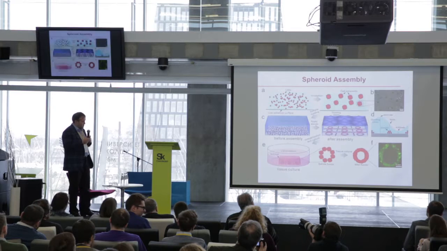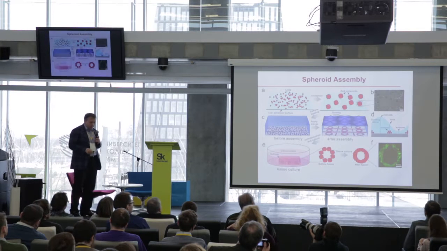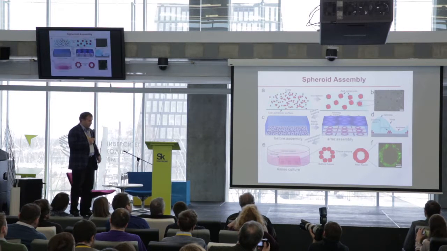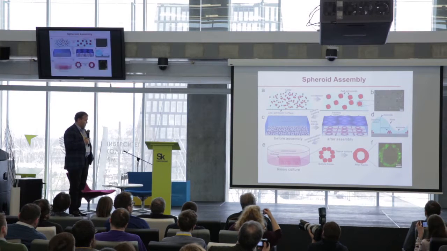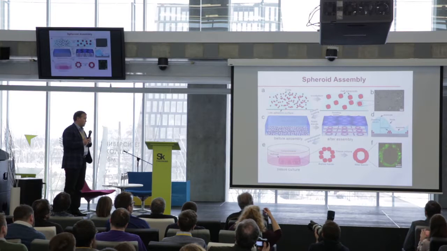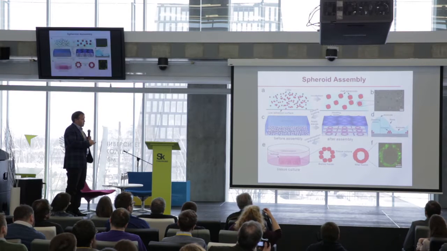Real tissue constructs. Another important thing, which I know is highly valued in the field by experts, is to be able to take matured spheroids and then assemble them. So we did that also, not only cells but also spheroids.